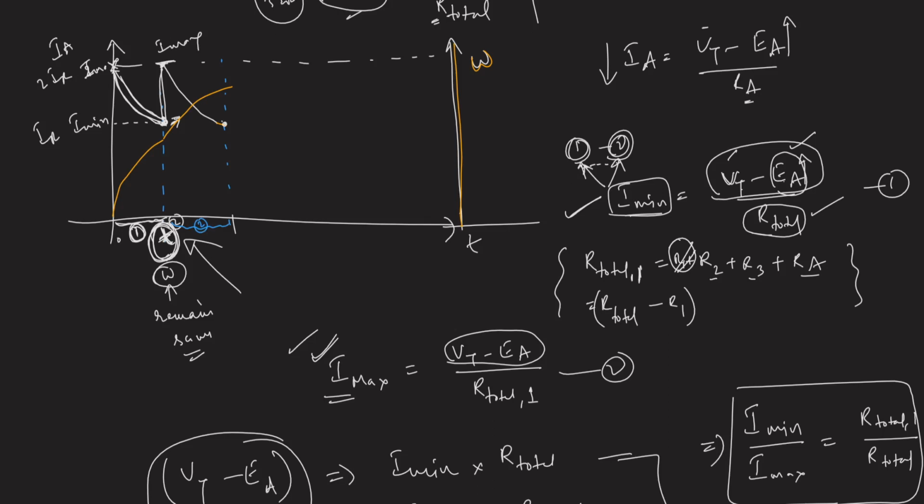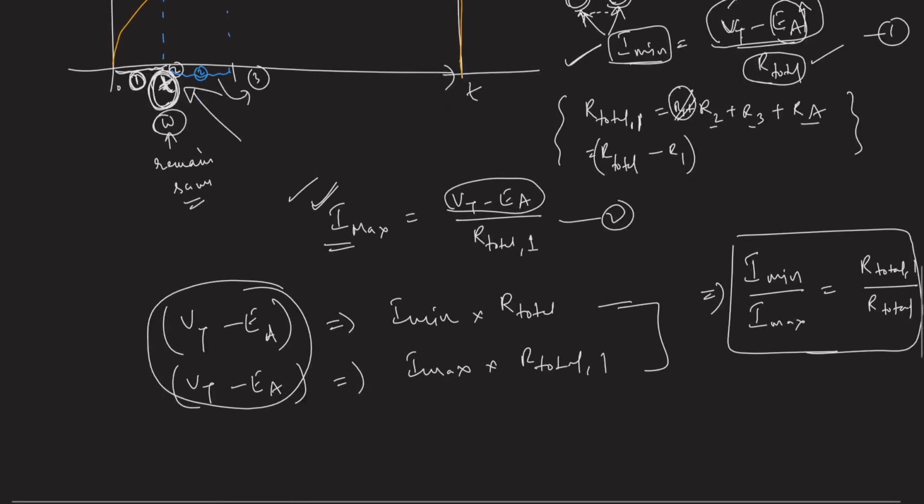So at this point again, I write down the two equations, I minimum and I maximum. If I jump from 2 to 3, current again moves to I maximum. Before moving from stud 2 to 3, I write the equation for I minimum, and after moving from stud 2 to 3, I write the equation for I maximum. What do I get?